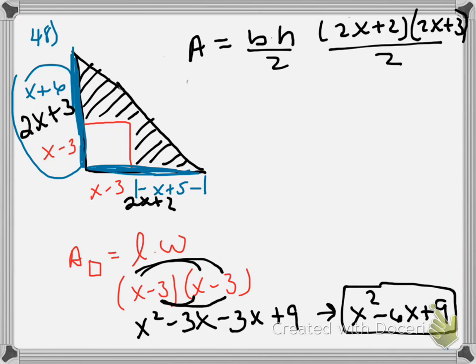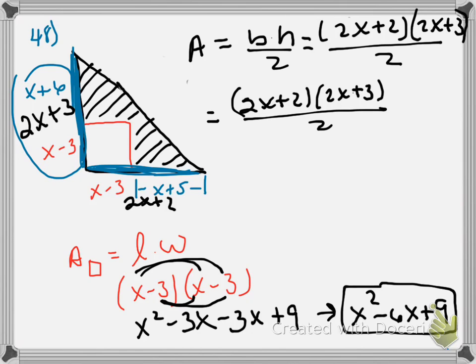Now there's a couple things I can do. I can go ahead and take the 2 out or just distribute. So I'm just going to go ahead and just distribute. So I'm going to rewrite this so we can see a little better. 2x plus 2 and 2x plus 3. I'm going to go ahead and distribute. So 2x times 2x is 4x squared. 2x times 3 is 6x. 2 times 2x is 4x.